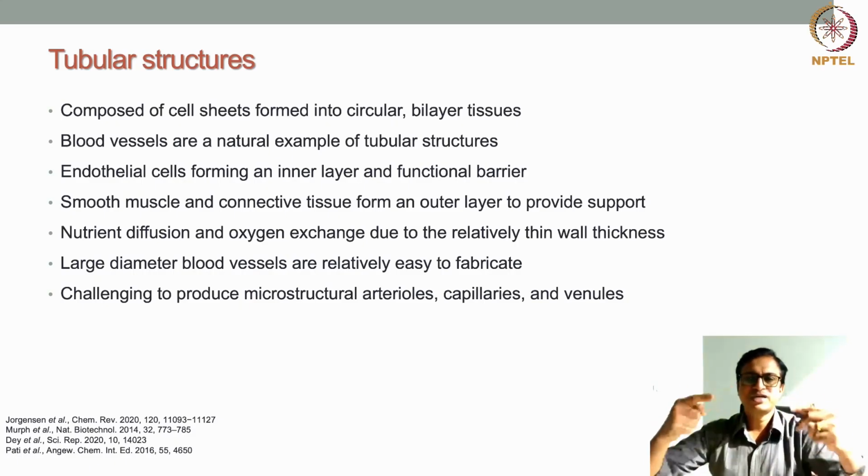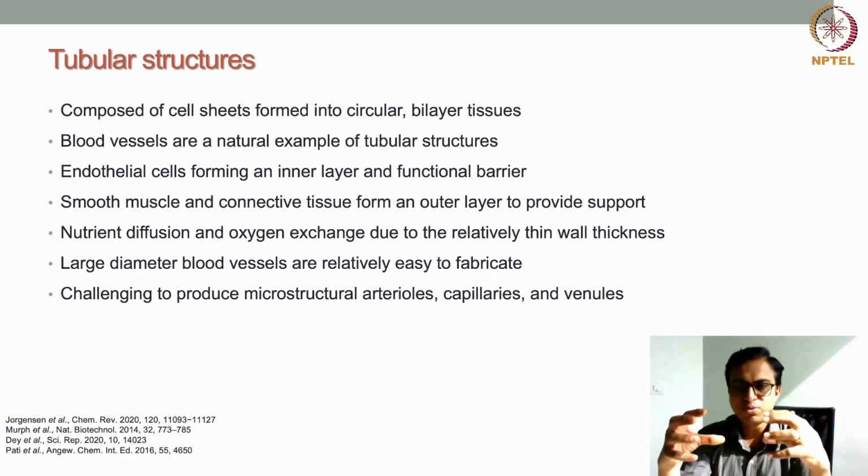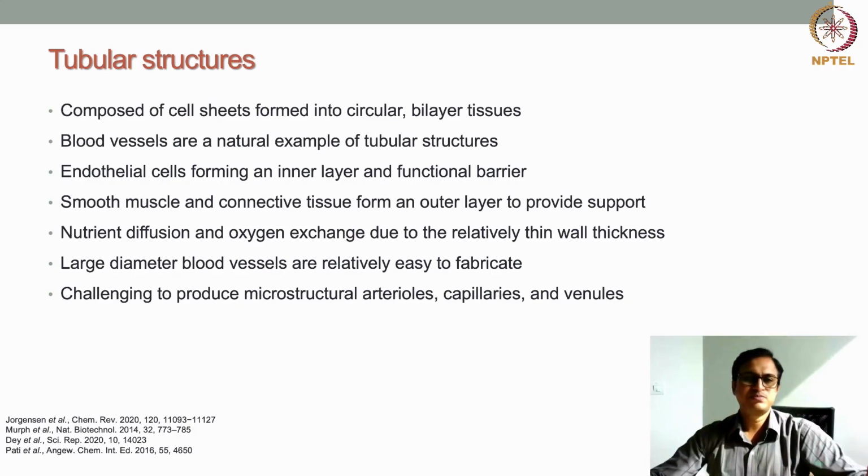Then on top of the innermost layer, smooth muscle and connective tissue form the outer layer, right? So that provides support and stability to that innermost structure, so that the whole blood vessel can be developed.